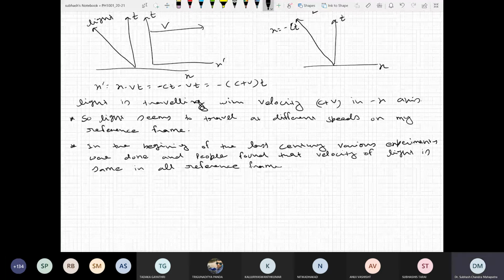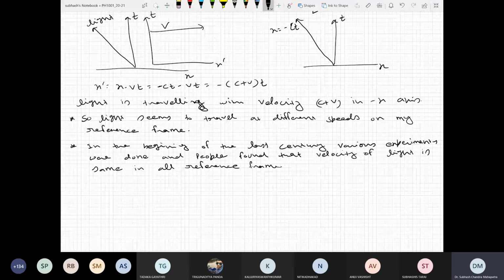That's an experimental fact. Though Einstein claimed that he didn't know about these experiments, he derived all the results of relativity independently. But it's an experimental fact that the velocity of light is the same in all reference frames.